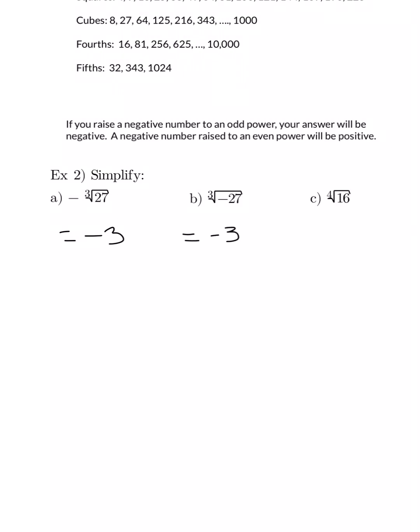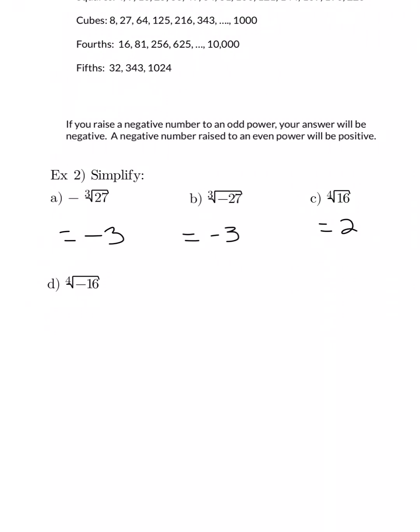Our next example is the fourth root of 16. What number do you multiply times itself 4 times to get an answer of 16? That answer is 2. On D, we are being asked to do the fourth root of -16.